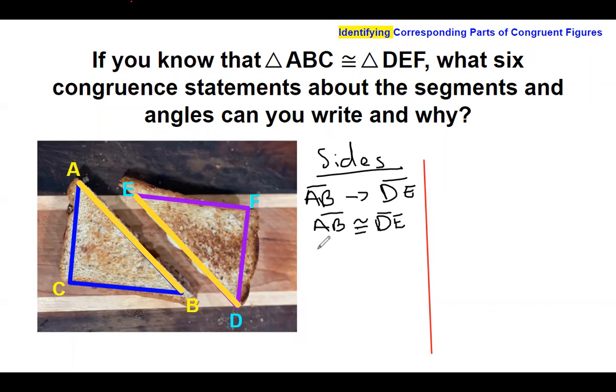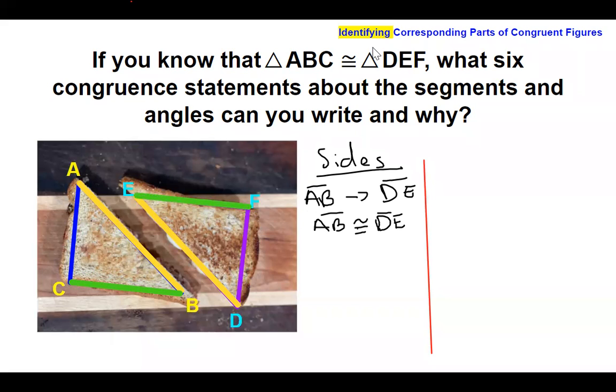Now, let's do the next one. Which are my next lengths? Let's do BC. BC is corresponding to, it would be not DF. Notice that this is shorter. It would be EF. So those two lengths are corresponding to each other.